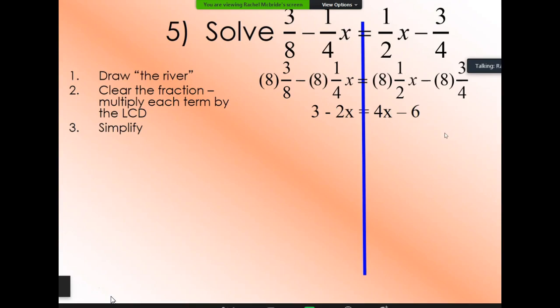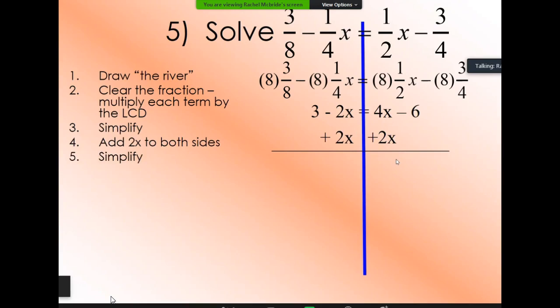Dominique? Okay, it's already being subtracted. So instead of subtracting it, what am I going to do? Add, yep. So instead of subtracting, we're going to add 2x. So you get 6x. And then what am I going to do with that negative 6, Zoe? Add it to the other side.